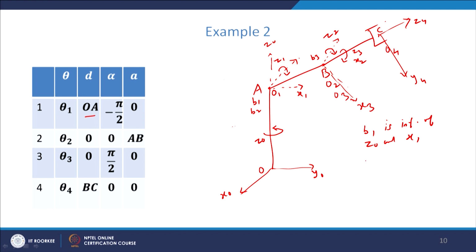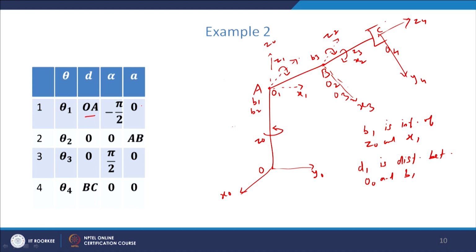So, using that we can measure d1. d1 is the distance between O0 and B1. O0 is the O point and B1 is A. So, this is OA, d1 is OA is given.